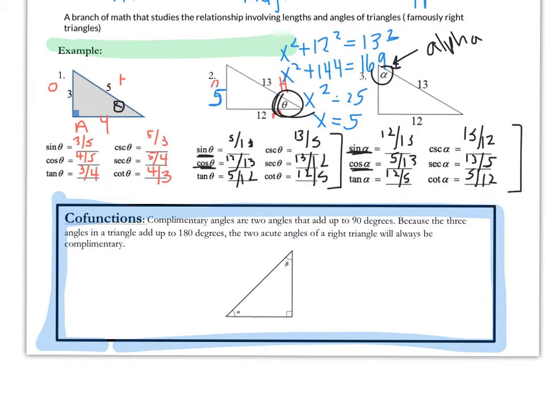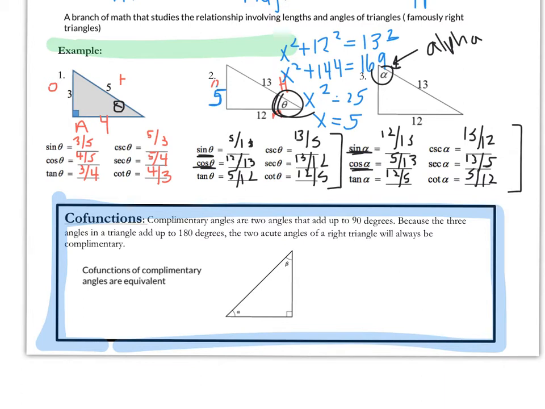Another thing we want to put down is that cofunctions of complementary angles are equivalent.